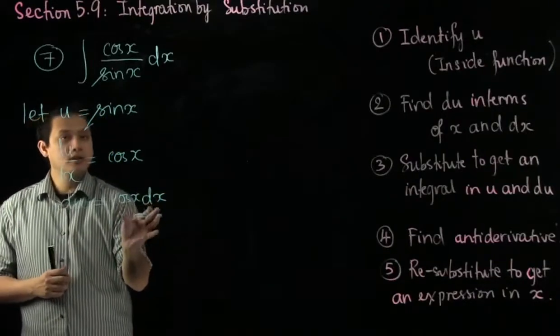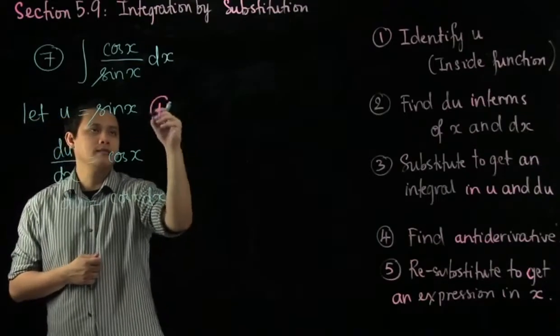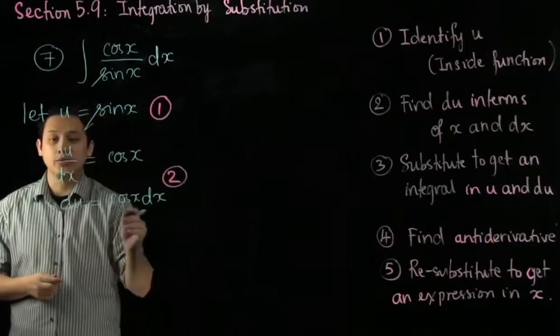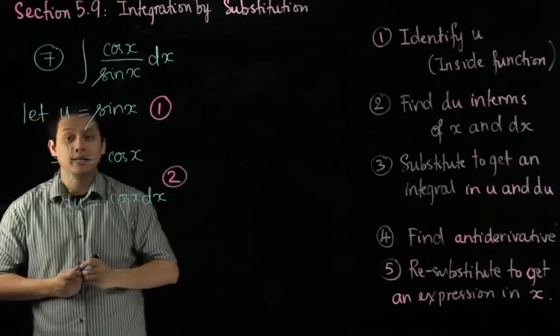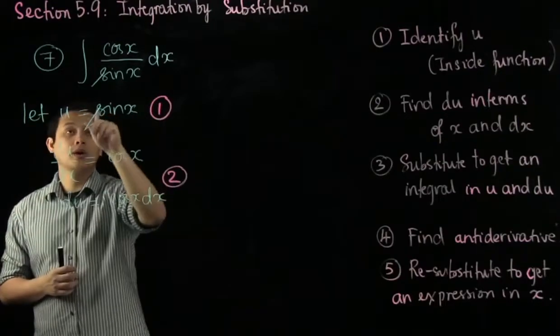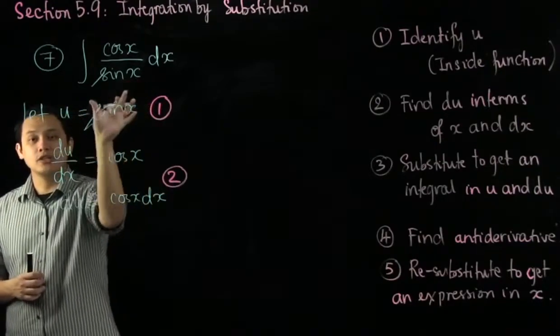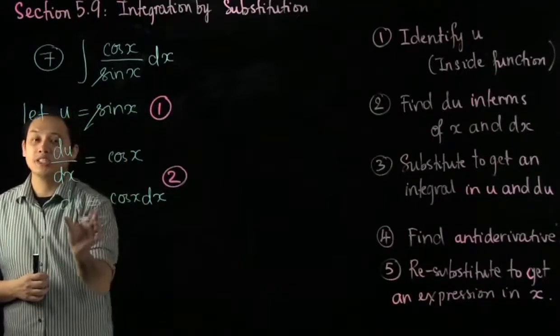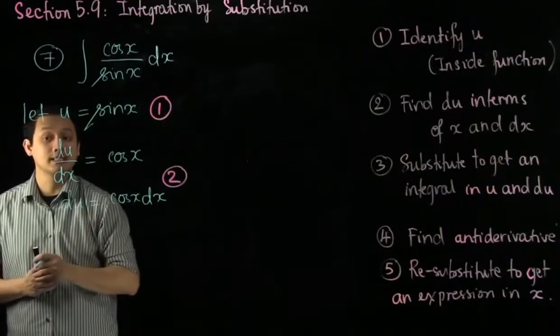And you go back, you have step 1, identify the inside function. Step 2, you write du in terms of x and dx. And you go back and look at the original function. I have the inside function to be u, and I am left with cosine x dx, which is du. So my job is done, right?